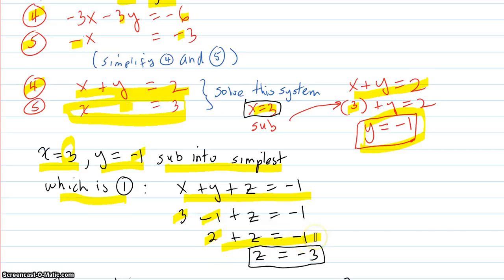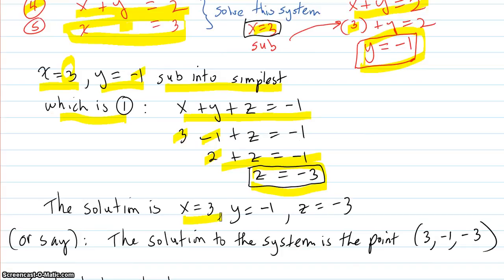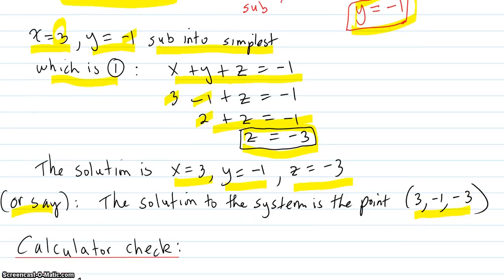Now subtract 2 from both sides and z equals negative 3. So our solution is x equals 3, y equals negative 1, and z equals negative 3. Or you could say the solution to the system is the point (3, -1, -3).